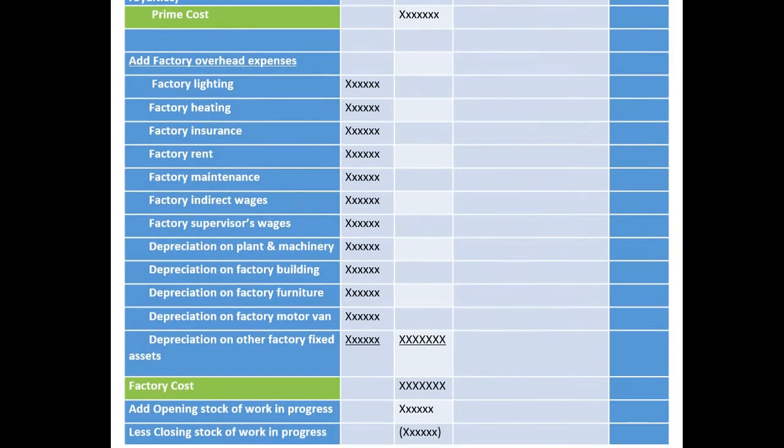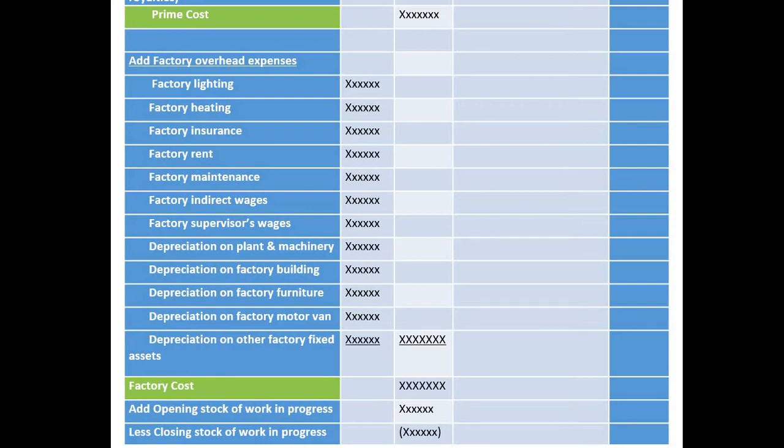After that, ladies and gentlemen, we report all the costs or expenses that were incurred by that factory in the manufacture of a given product. And here are the examples of the expenses a factory may incur. Number one, factory lighting.